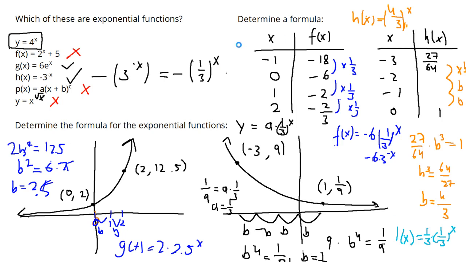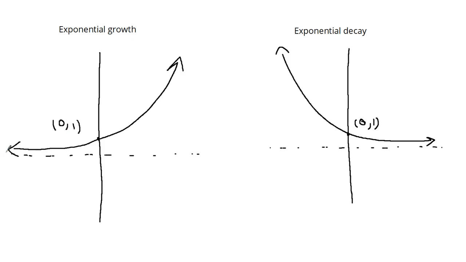Next slide. Okay, our next slide is, I think, still exponential. I already pretty much explained this, so we can skip this slide, but exponential growth is of the form a times b to the x, and exponential decay is a times b to the minus x, or a times 1 over b to the x.